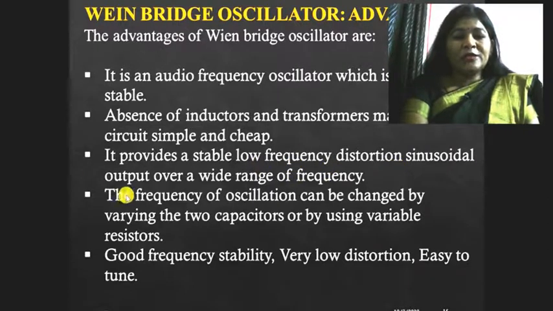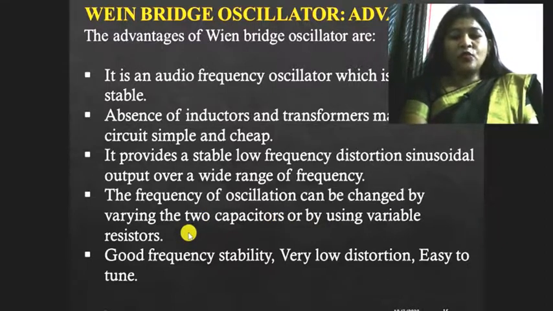The next one is that the frequency of oscillation can be changed by varying the two capacitors or by using a variable resistor. So if you want to change any value of the resistor or capacitor, you can change the capacitor value, or you can vary the resistor by using a variable resistor in the circuitry.